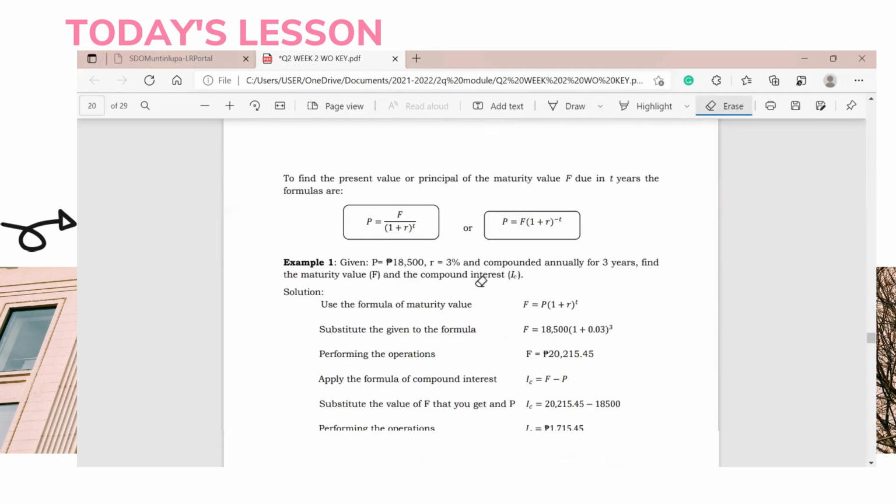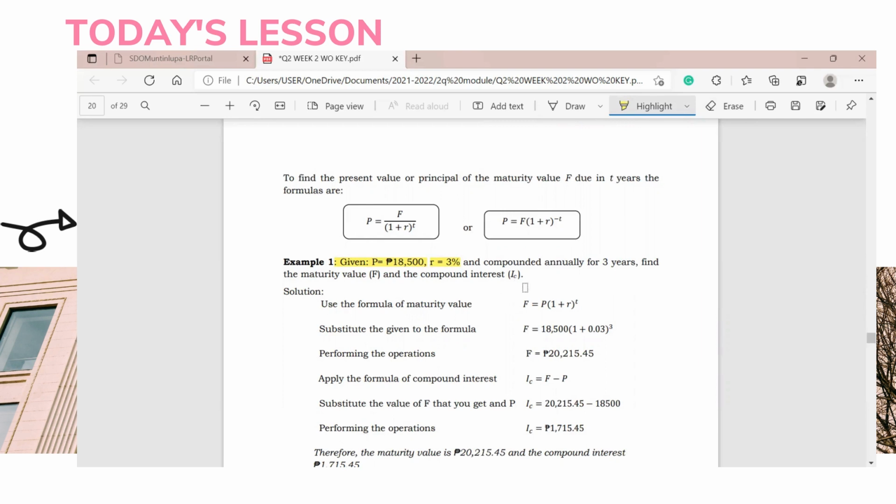So let's have the first example. Given that the principal amount is 18,000 and the rate is 3% compounded annually for 3 years, find the maturity value and the compound interest.